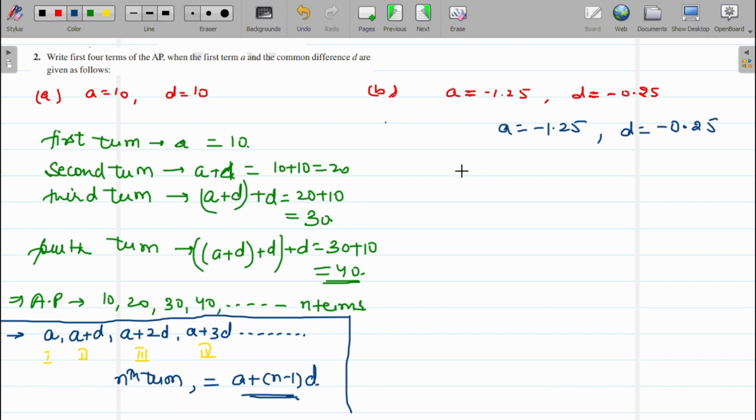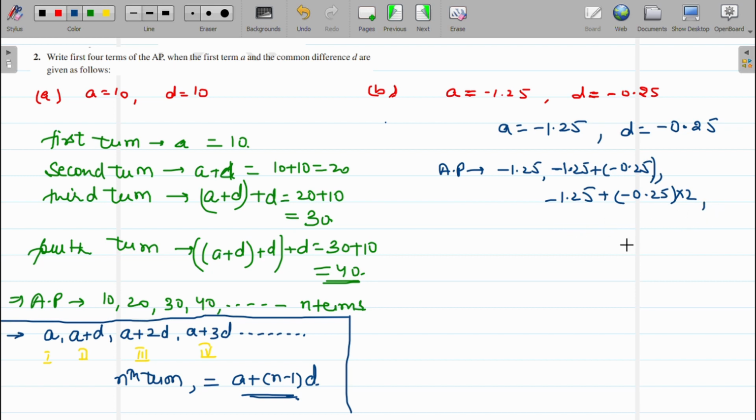So the AP should be minus 1.25 is A, then minus 1.25 plus minus 0.25, then the next term should be minus 1.25 plus D plus D. So we can say minus 1.25 plus minus 0.25 into 2, since the third term is A plus 2D, so I have multiplied D by 2.